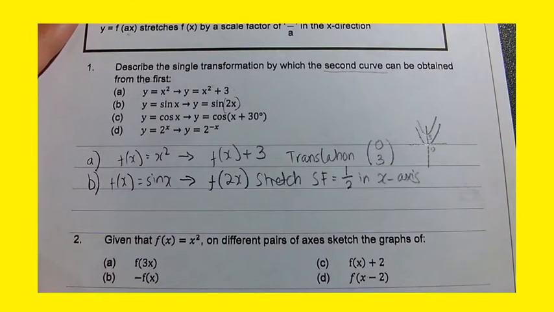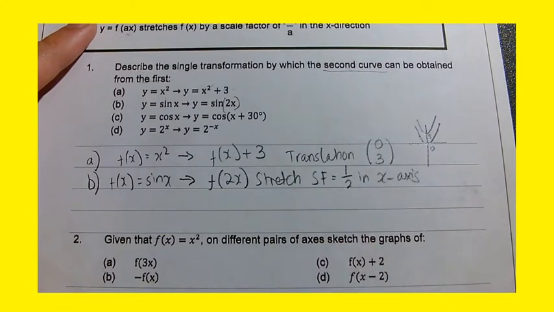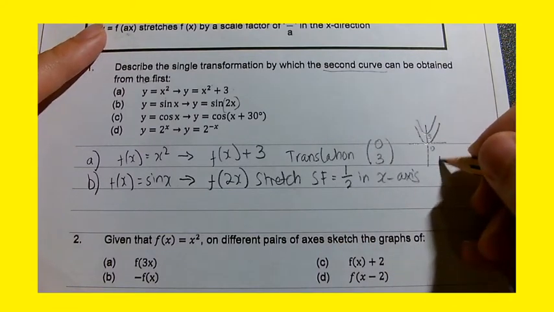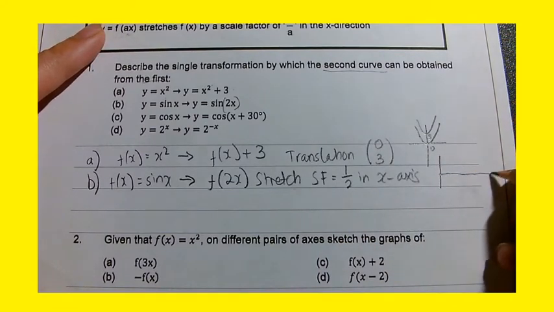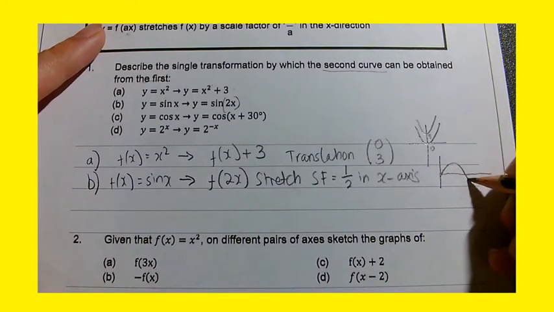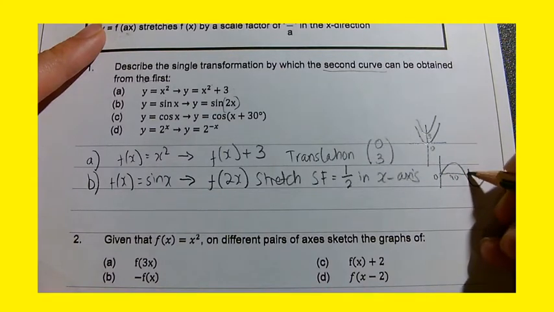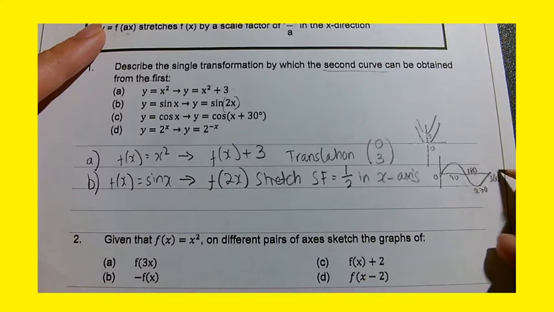Now what would that look like? When you come to do question 2, we'll do a little bit more work on the x squared. But when you've got sine 2x and it's being stretched by a scale factor of a half in the x direction, well, here's a quick sketch of sine 2x. 0, 90, 180, 270, 360.